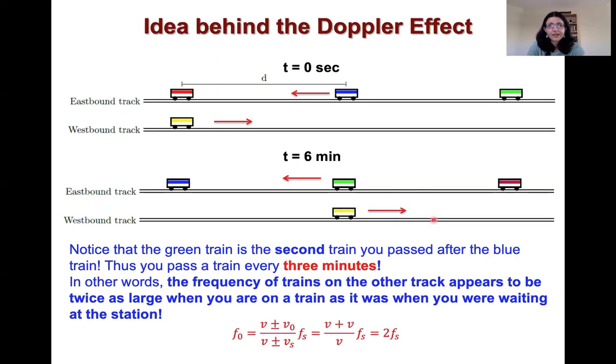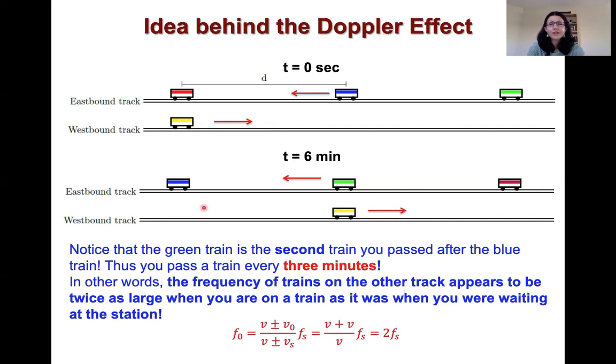All right, so the answer is, if you are stationary on the west track, once this red train leaves, in 6 minutes you see a blue train. So you see one train every 6 minutes.